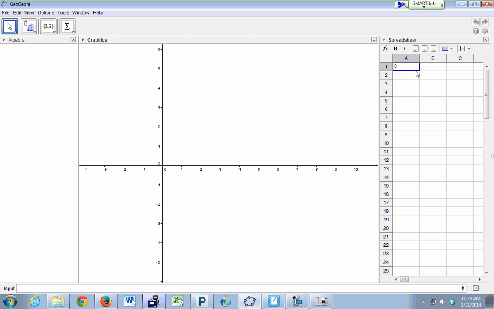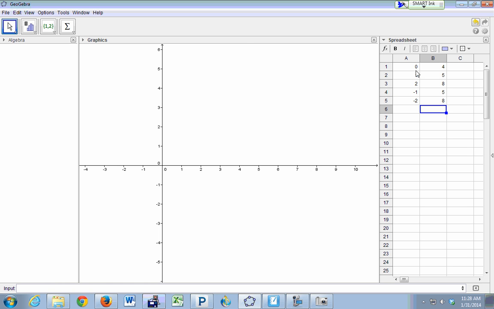Okay, so I say 0, 4, 1, 5, 2, 8, -1, 5. So I'm just following some rule right now, and probably some of you can figure out what it is. All right, so there we go.